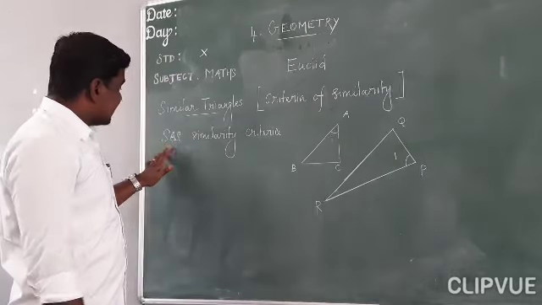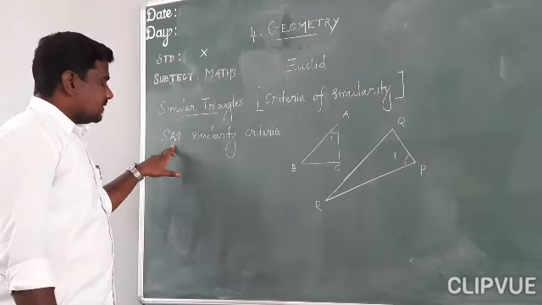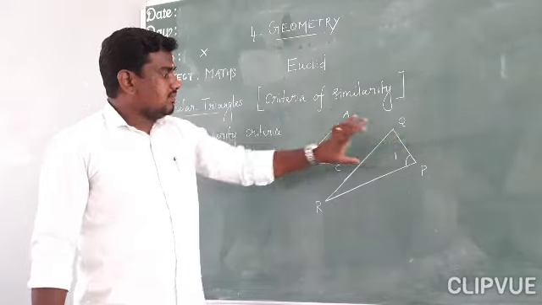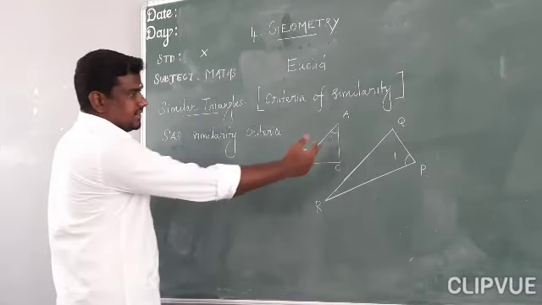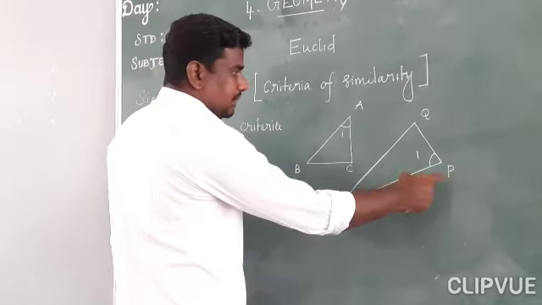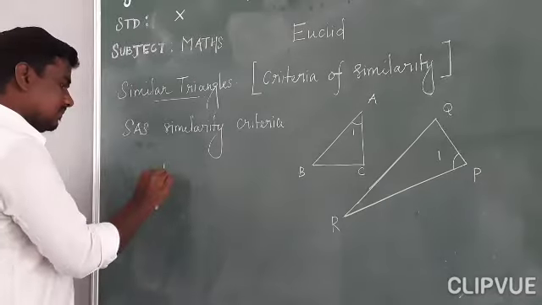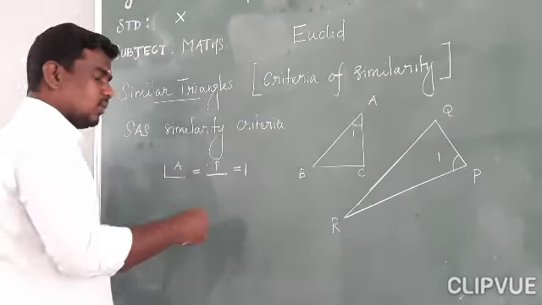The second one, side angle side. If one angle of a triangle is equal to one angle of another triangle, and the sides containing the angle are proportional, for example, triangle ABC and triangle PQR. Here angle A is equal to angle P, equal to 1, whatever it is.